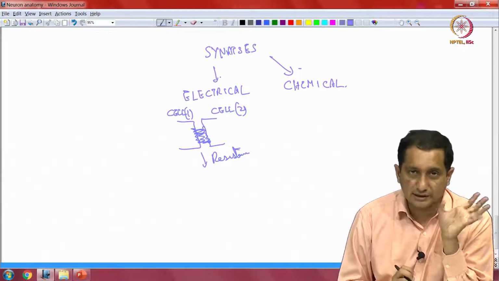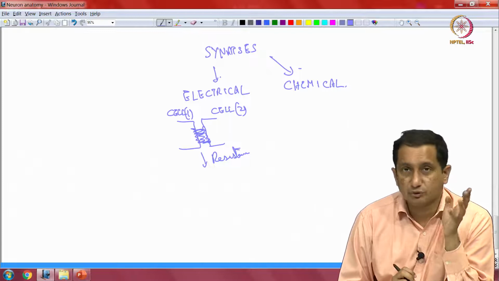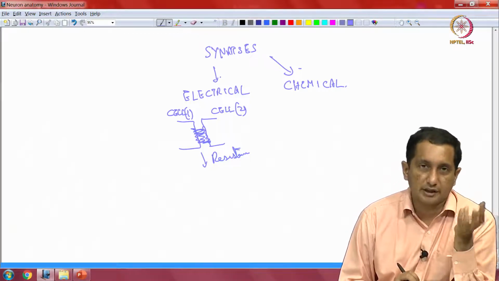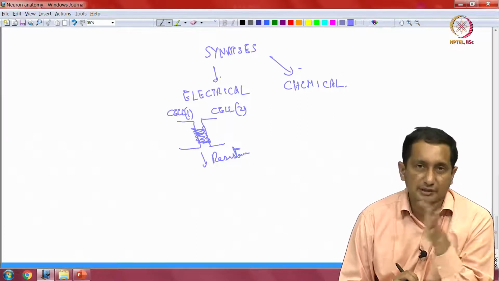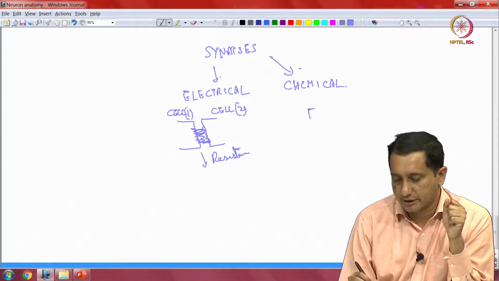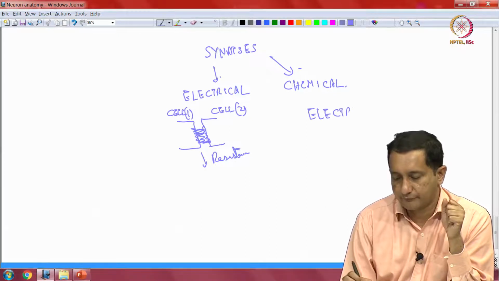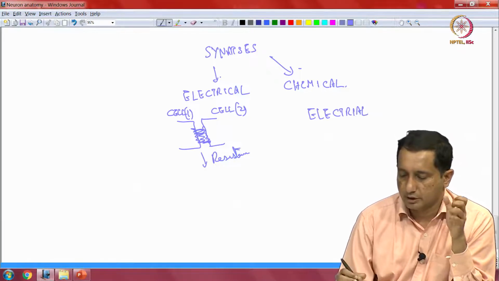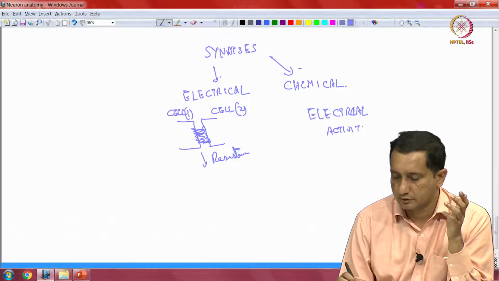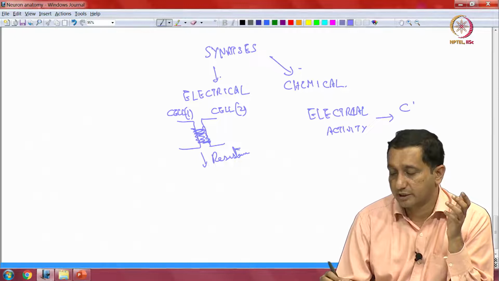But surprisingly, for something which would be thought to be the most efficient way of doing things, the majority of the synapses are chemical synapses, in which the fundamental principle is that electrical activity is converted into chemical activity.